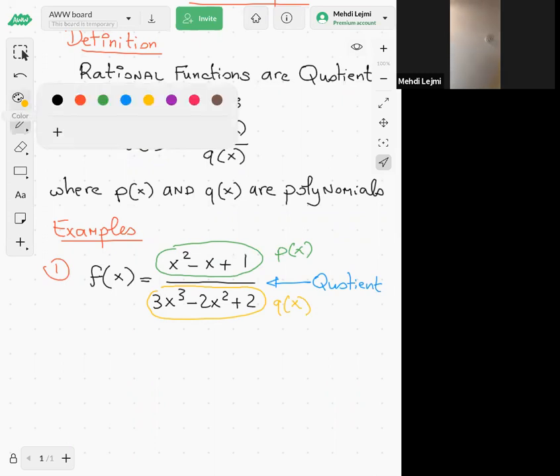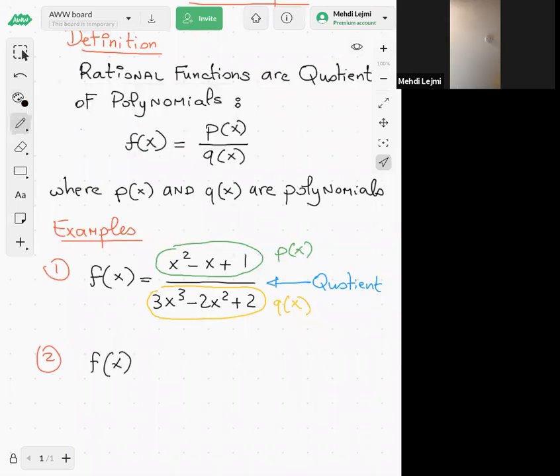Another example, number 2. f of x equals x minus 1 times x plus 2 over, let's say, x minus 3 times x plus 1. So the question is, the numerator, is it a polynomial?